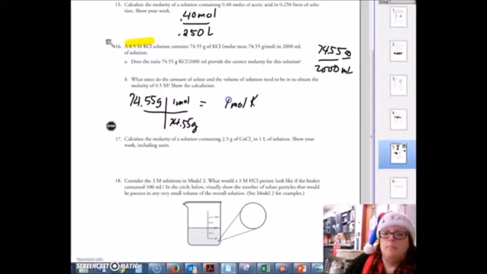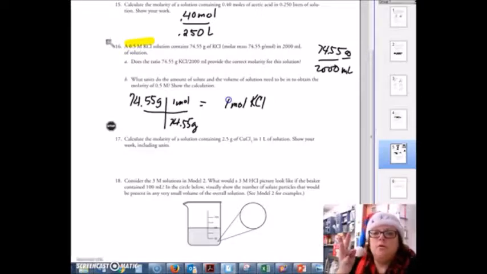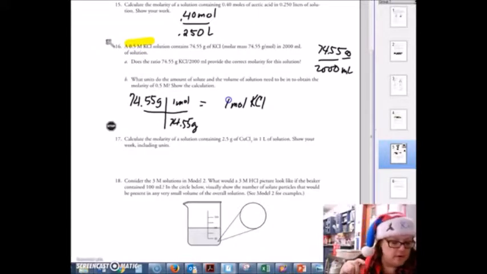All right, then we'll take that divided by 2,000 milliliters, which is the same as 2 liters. 1 mole divided by 2 liters gives us a molarity of 0.5 moles per liter. The units are a fraction, moles per liter, or you can use the capital M, which means the same thing.